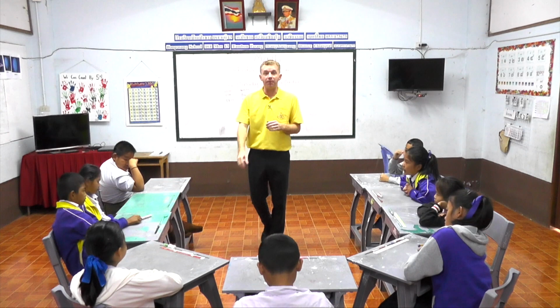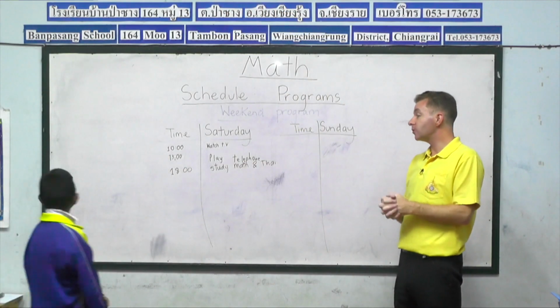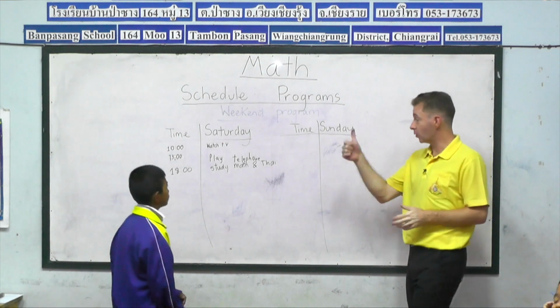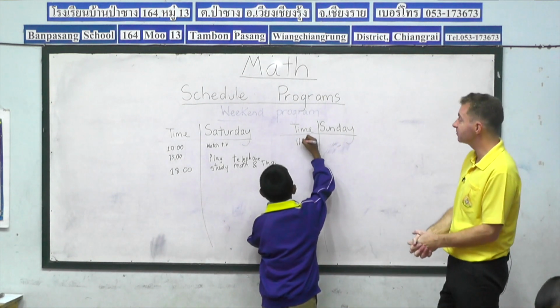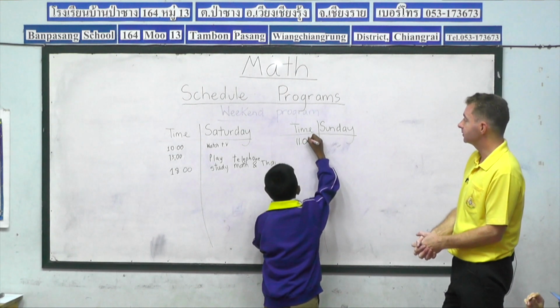Now, let's see what Pat did on Sunday morning. So Pat, what did you do on Sunday morning? Play with friends. Okay, so the first thing we need is the time. What time did you play with friends? 11 o'clock.